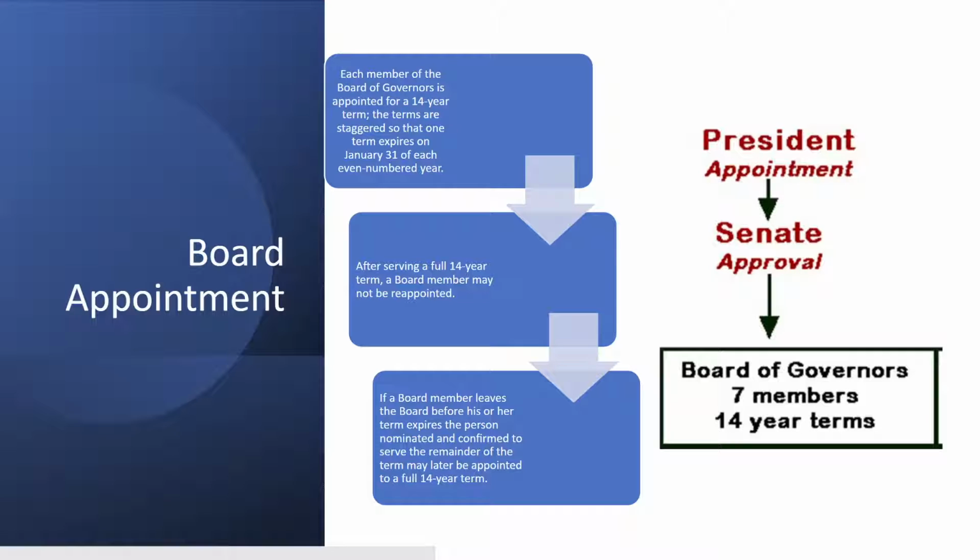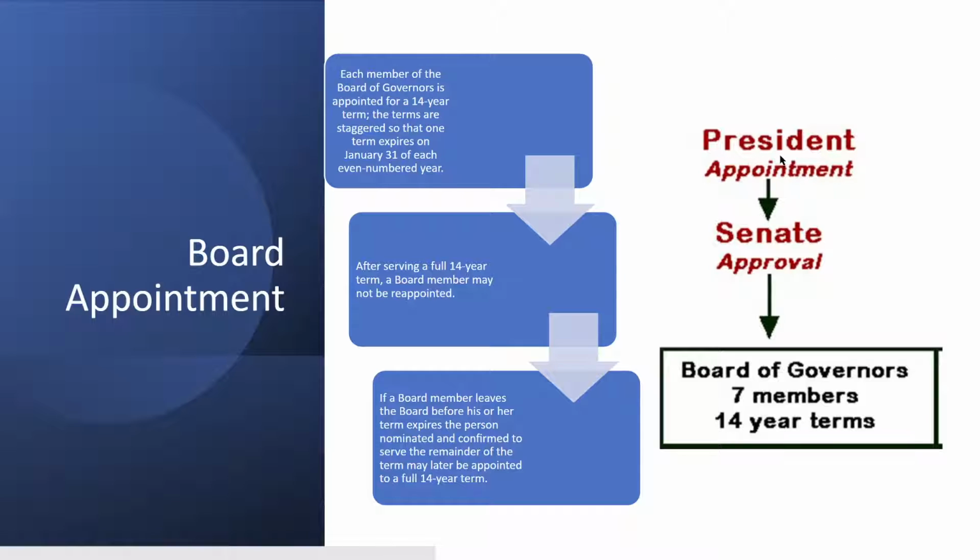So if a person died 2 years into their term and somebody is appointed to replace them, they would have that remaining 12 years, and then they could be appointed for another 14-year term. I'm not really sure how many times that's happened in its history, but I would assume it hasn't happened enough, and that's why we haven't had changes to this policy.